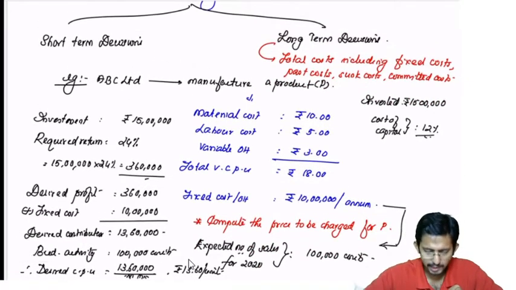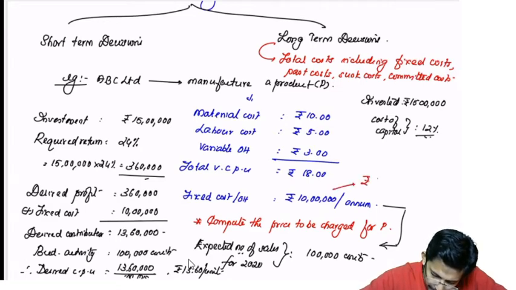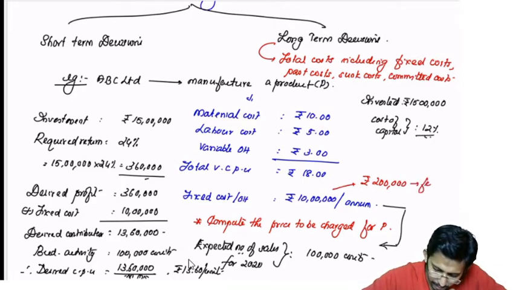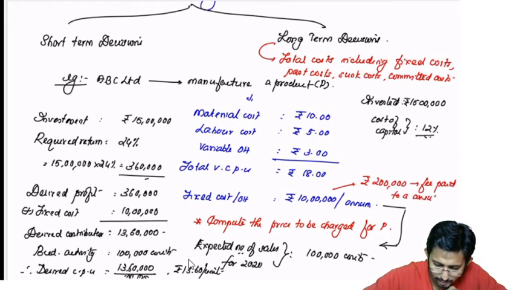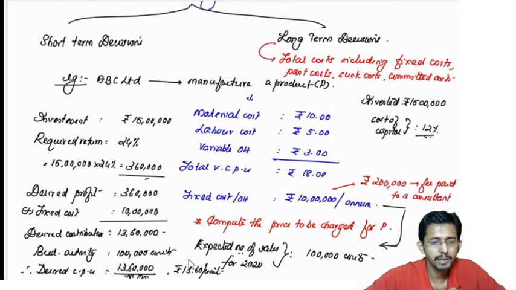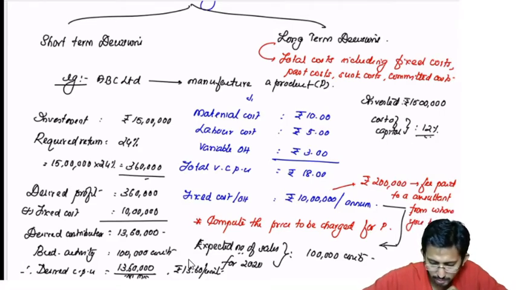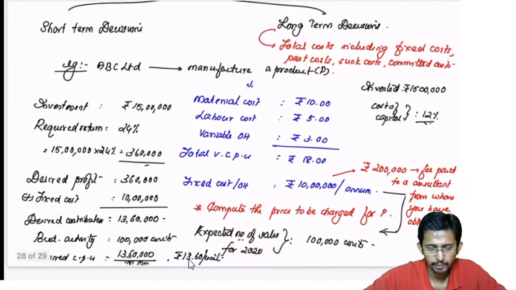Okay, out of this fixed cost, what you have computed, 10 lakhs rupees. Out of this, rupees 2 lakhs represents the fee paid to a consultant. Okay, fee paid to a consultant, from whom you have obtained a feasibility study report.